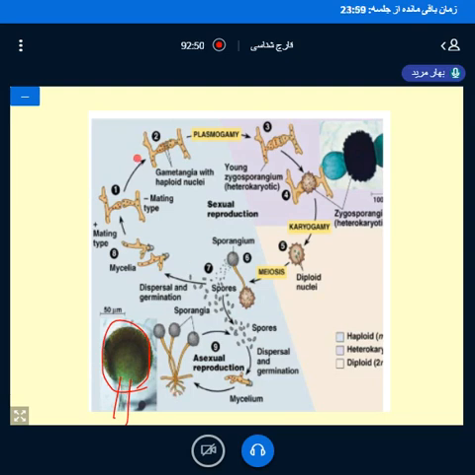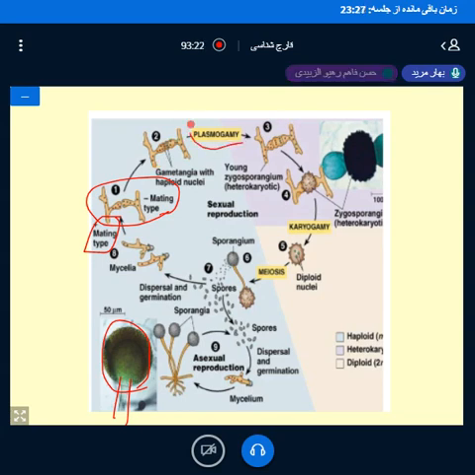In sexual reproduction, two mating types, plus and minus, conjugation, and the gametangia with haploid nuclei form in the two mating strains.